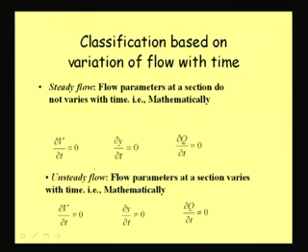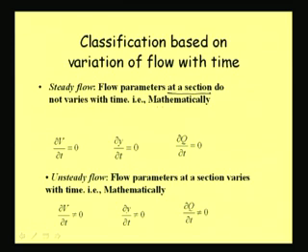By steady flow we mean that when the flow parameters at a section do not vary with time, we call this a steady flow. This part is important: the flow parameter at a particular section does not vary with time, and that we call steady flow.